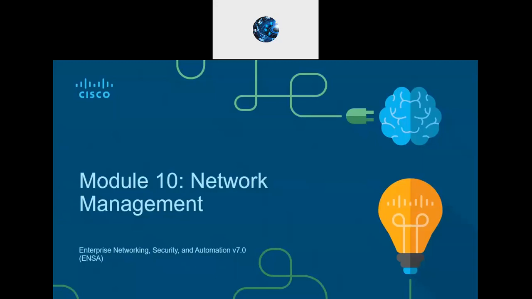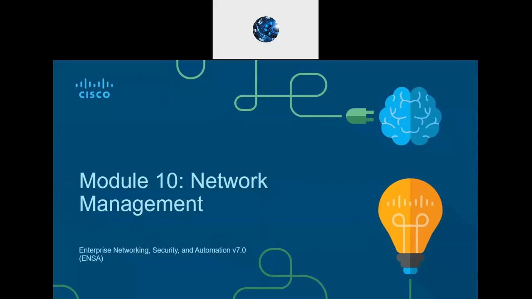So when you get these devices, or if you happen to be working in an organization where they use these devices, you need to know how to manage this equipment.